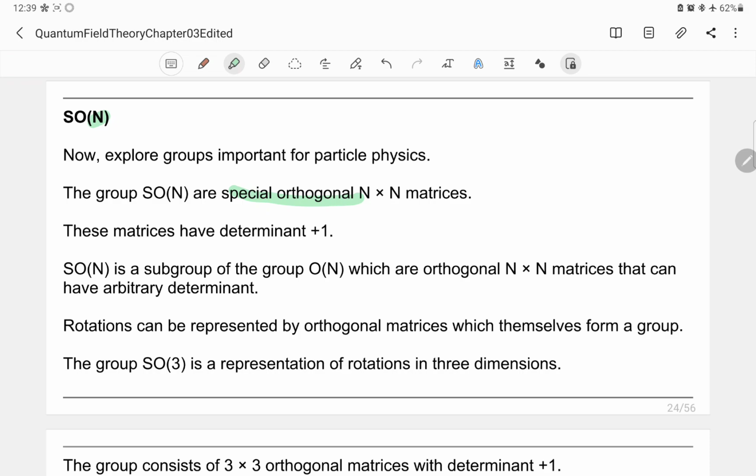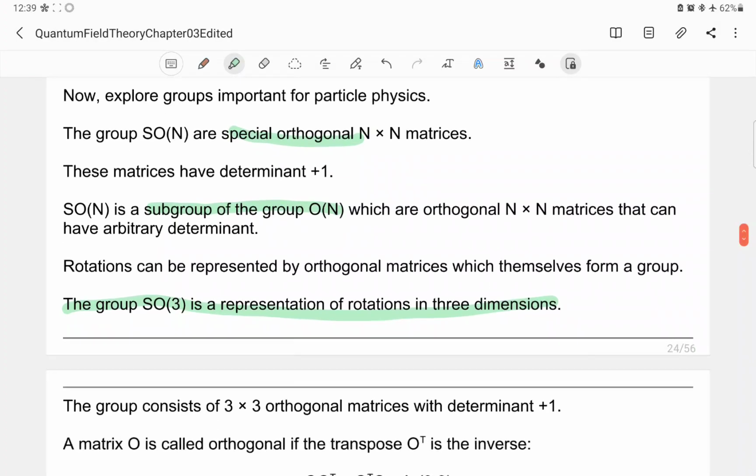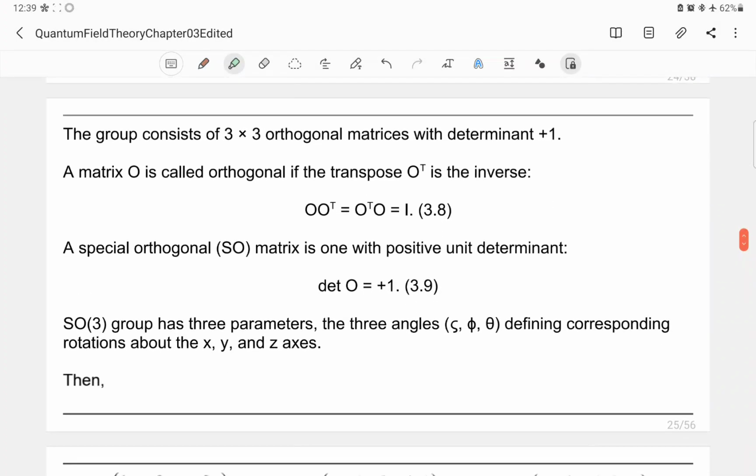These matrices have determinant equal to 1, and SON is just a subgroup of ON, which are orthogonal N by N matrices that can have arbitrary determinant. Rotations can be represented by orthogonal matrices which themselves form a group. The SO3 is a representation of rotations in 3 dimensions. And the group consists of 3 by 3 orthogonal matrices with determinant 1.